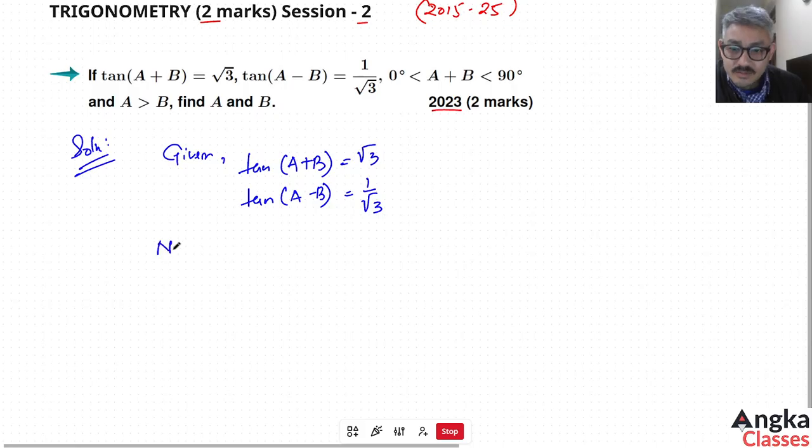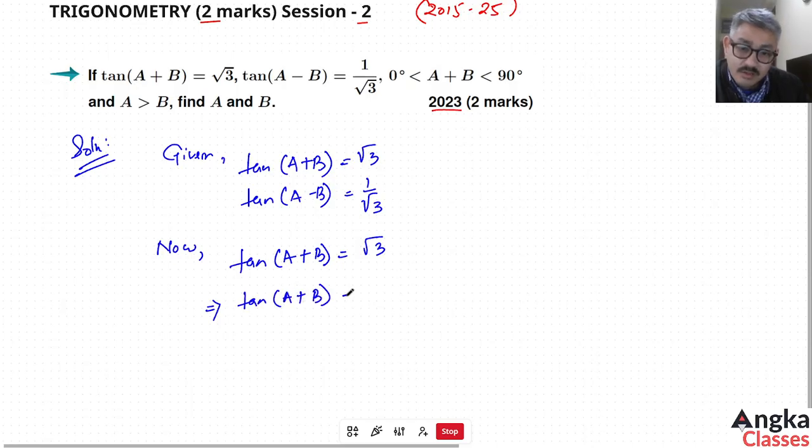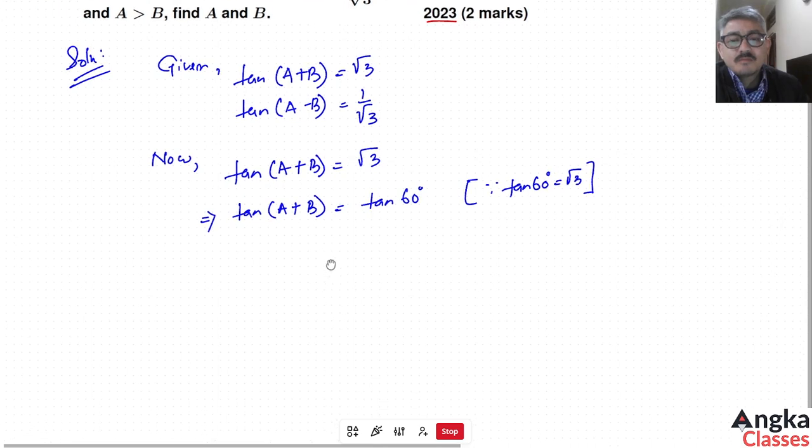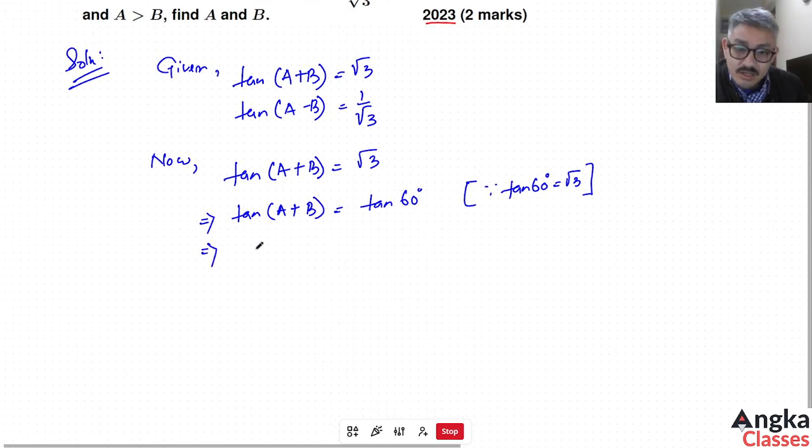Now see, we have tan(a + b) is equal to root 3, which is tan 60 degree, since tan 60 degree is equal to square root of 3. Then a + b is equal to 60 degree.